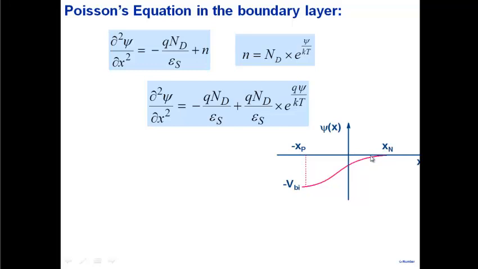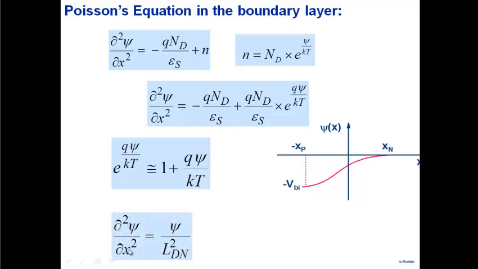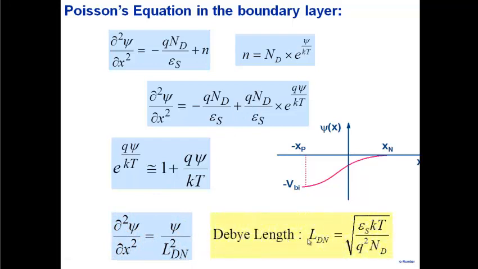So we expand e to the power q psi by kT and write it as 1 plus q psi by kT, just to get an analytical expression. We substitute it here, and then we get del square psi by del x square equals psi by L_D square, where L_D is what we call the Debye length, and is ES kT by q square ND. So this is the Poisson's equation that we get after approximating the exponential by a linear expansion.